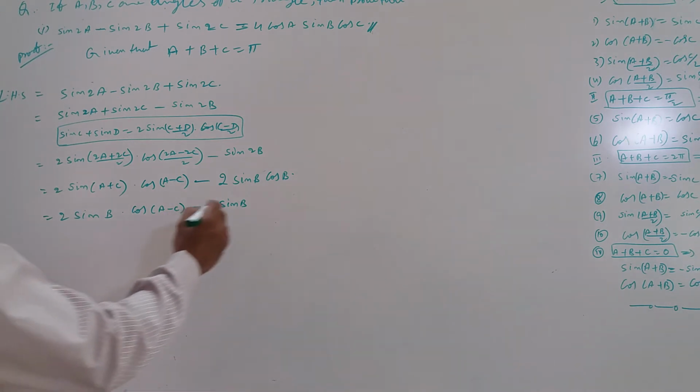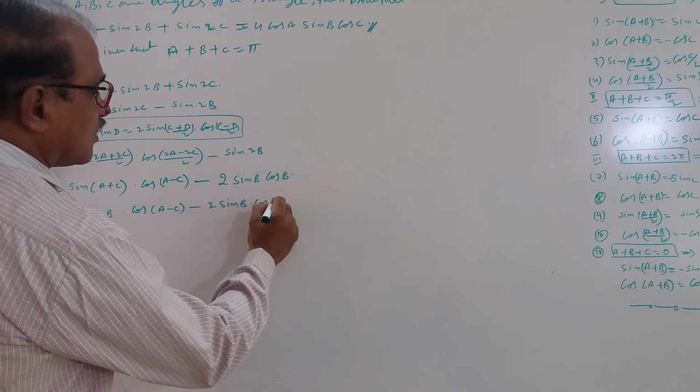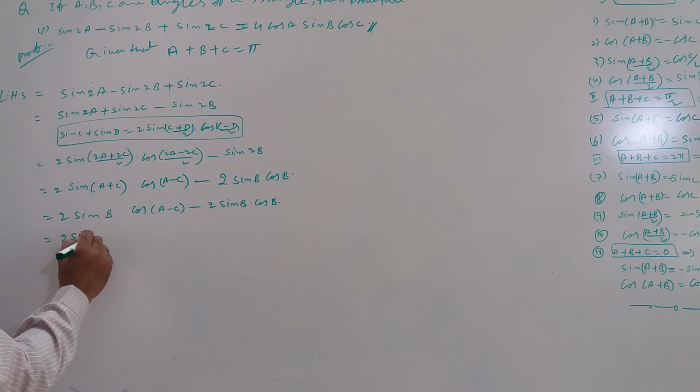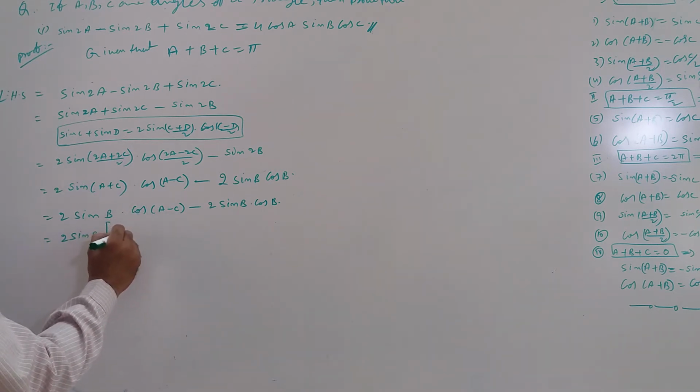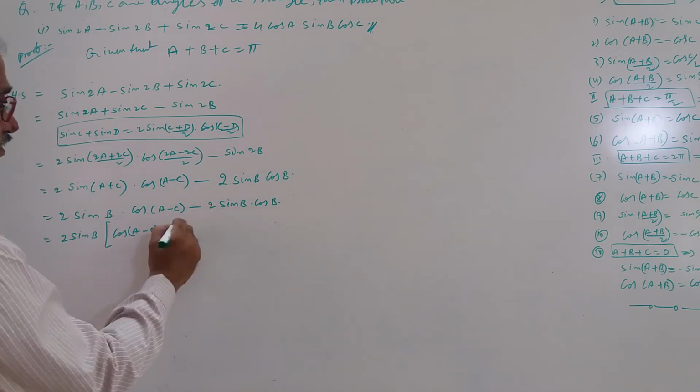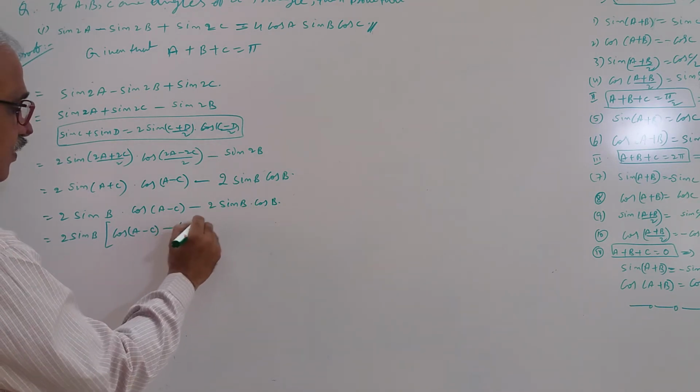So take another step: 2 sin B as common, cos(A minus C) minus cos B.